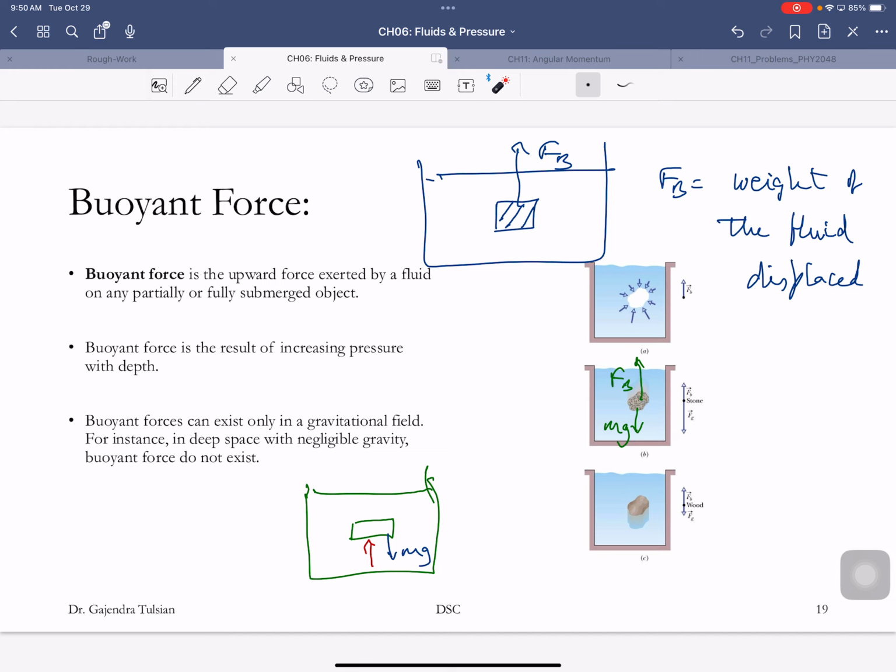For a piece of wood, the buoyant force is greater than the weight, and then that'll rise up. For an object whose density is equal to the density of water, the buoyant force will equal the weight. And that object, if you put it underwater, will neither sink nor float up.